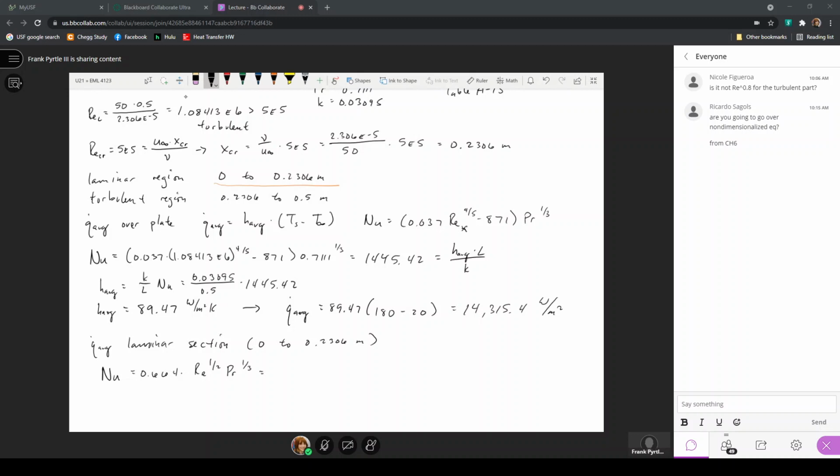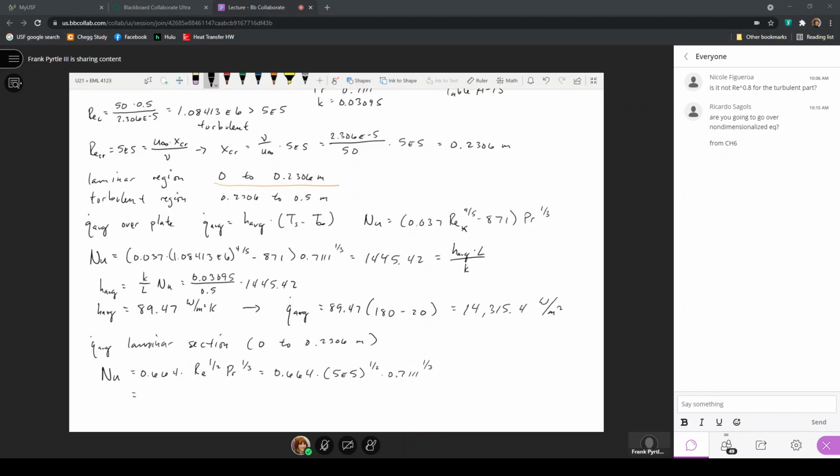For the laminar section, which is for Reynolds numbers from 0 to 500,000, this expression is 0.664 times the Reynolds number of 5 times 10 to the 5th raised to the 1/2 times the Prandtl number of 0.7111 raised to the 1/3 power.